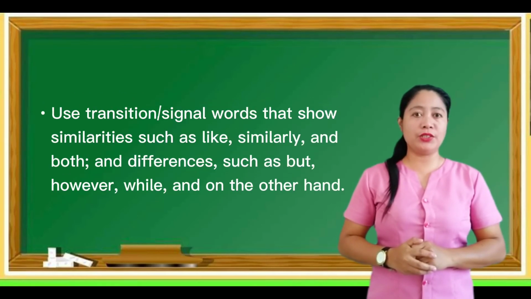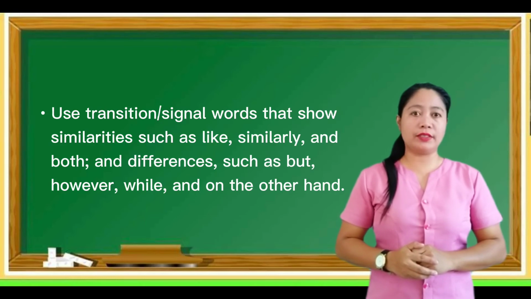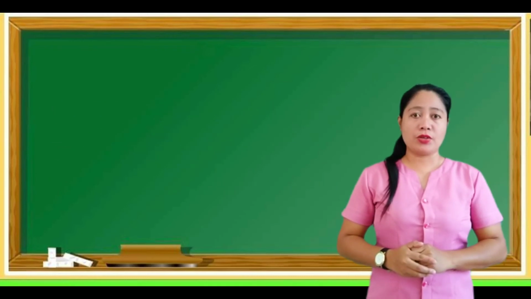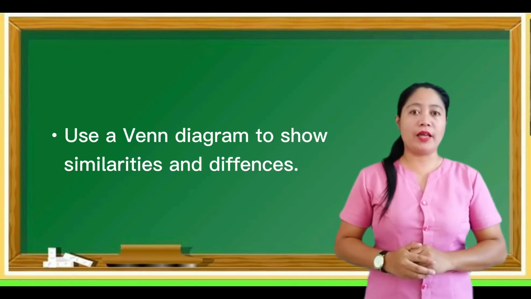Use the transition or signal words that show similarities such as like, similarly, and both, and differences such as however, while, and on the other hand. And you can use a Venn diagram to show similarities and differences.